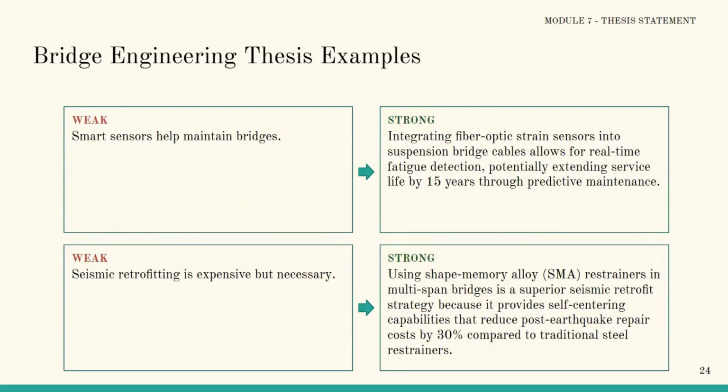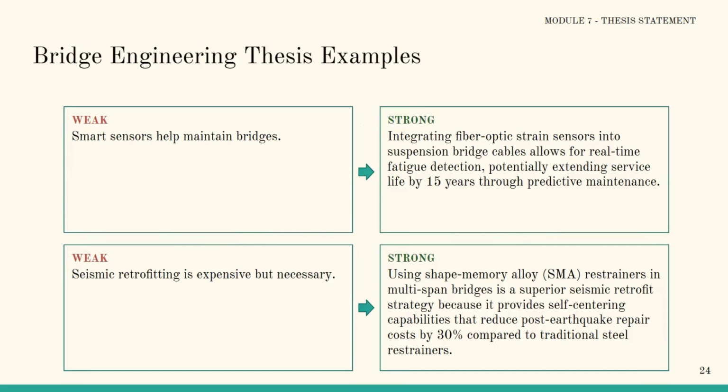Here are some examples. Say we're going to do a research on using smart sensors to help maintain bridges. So if we just say smart sensors help maintain bridges, that is a statement, not a thesis statement.